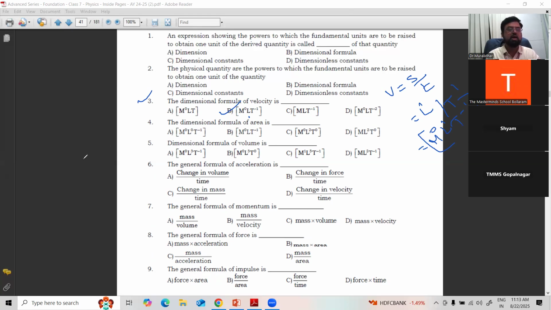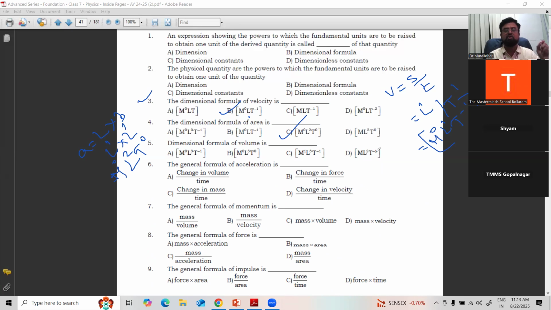Dimension formula of area. You have to recall the formula: area is length into breadth, L1 into L1, that is L square. L square T0 M0. You can see where it is: M0 L square T0 is the dimension for the area.